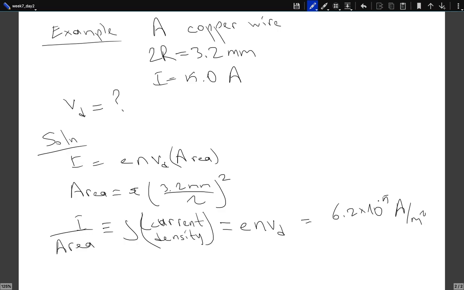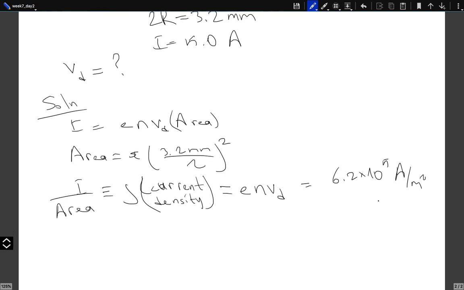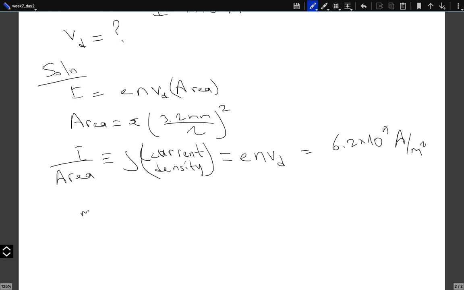We need to determine what N is, the number density. It's made of copper, and we know the mass density of copper is 8.9 times 10 to the power 3 kilograms per meter cubed.